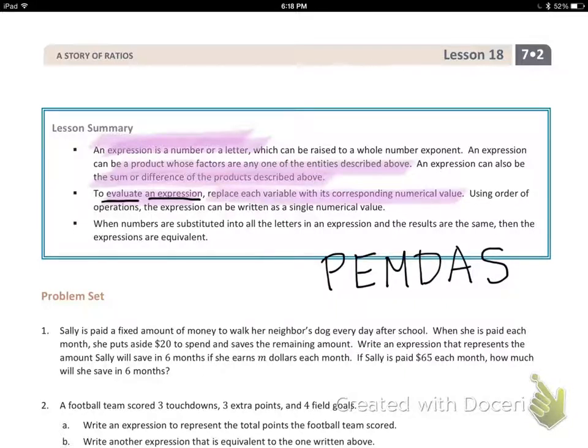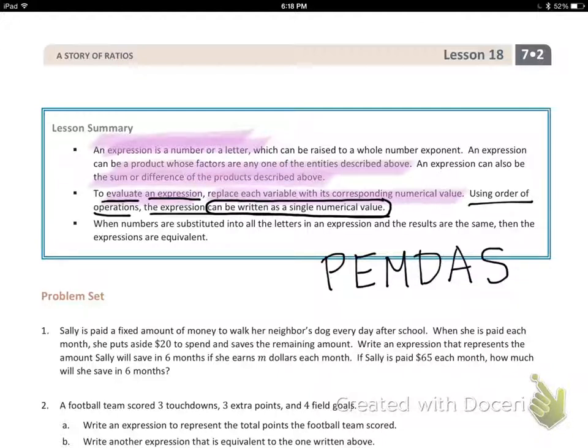Evaluate using those values. So now, using order of operations, the expression can be written as a single numerical value. That's what you want to get down to. And in the future, you will see that is not always the case. And if it's not the case, then something has gone awry.